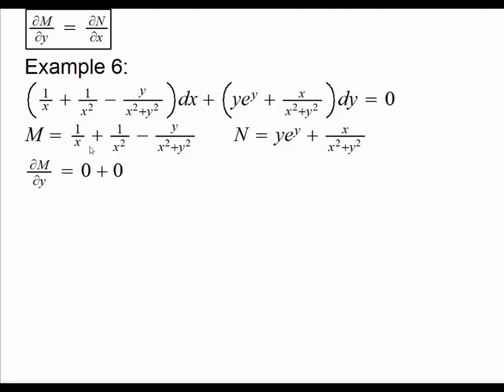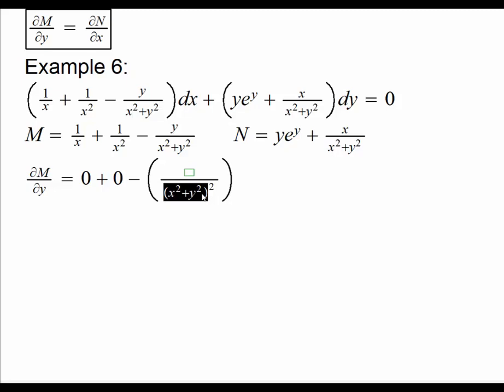And then minus, we can use the quotient rule here. Remember again, we are treating x as a constant. In the quotient rule, we square the denominator, and we are differentiating only with respect to y. The derivative of y here is 1.